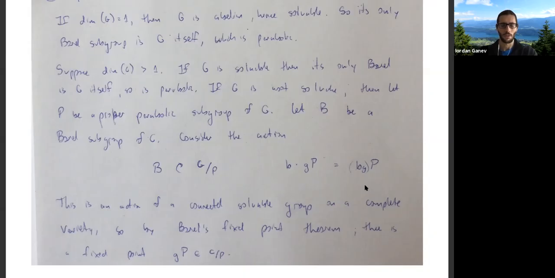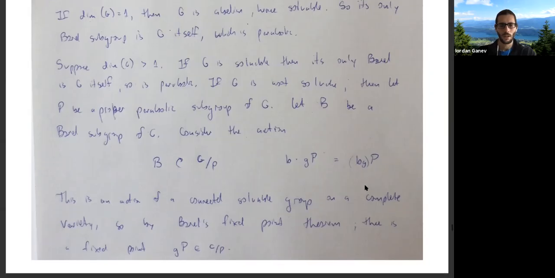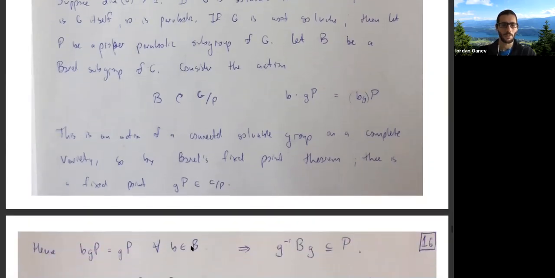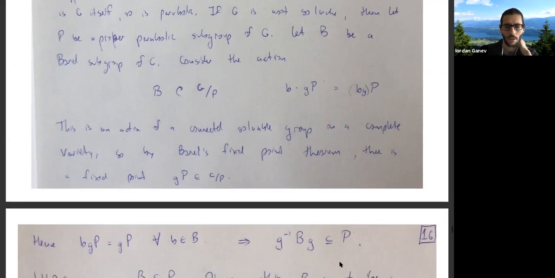By Borel's fixed point theorem, which we just saw, there must be a fixed point for this action. Any point is just a coset. So there must be a coset inside G mod P such that B fixes this coset for every little b in B. And if you just rearrange things here, you see that this conjugate of B lies inside of P.